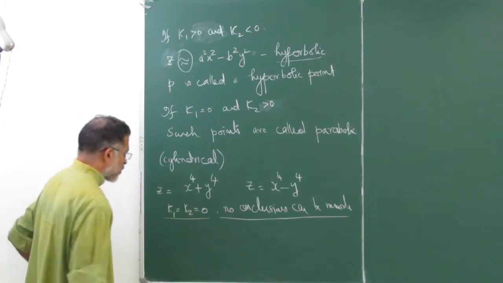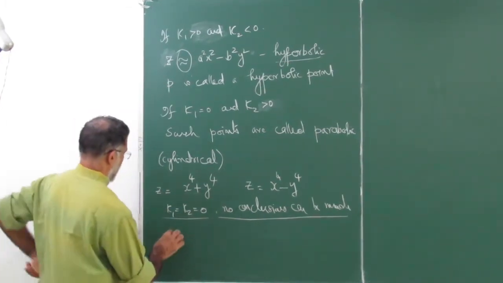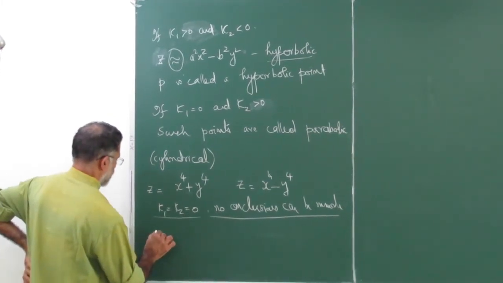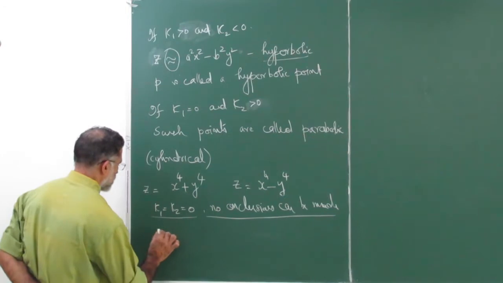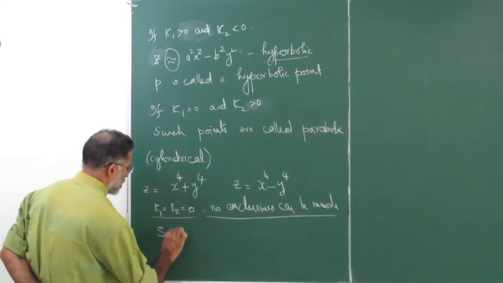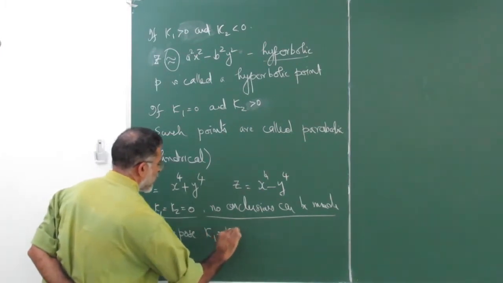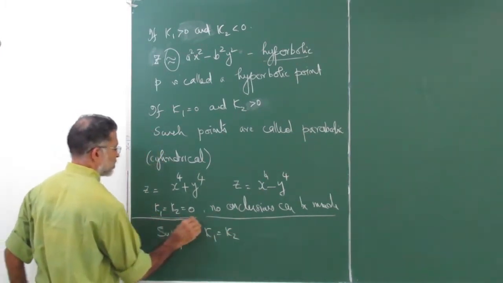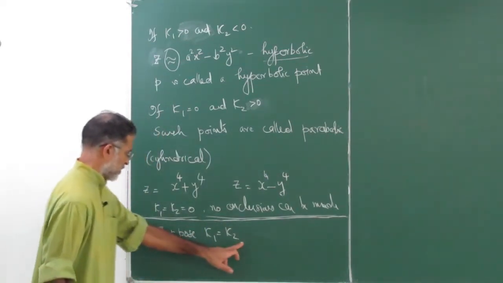Next thing that we look at is what will happen if, in any of these cases, kappa 1 is equal to kappa 2. So now let's look at a general surface.